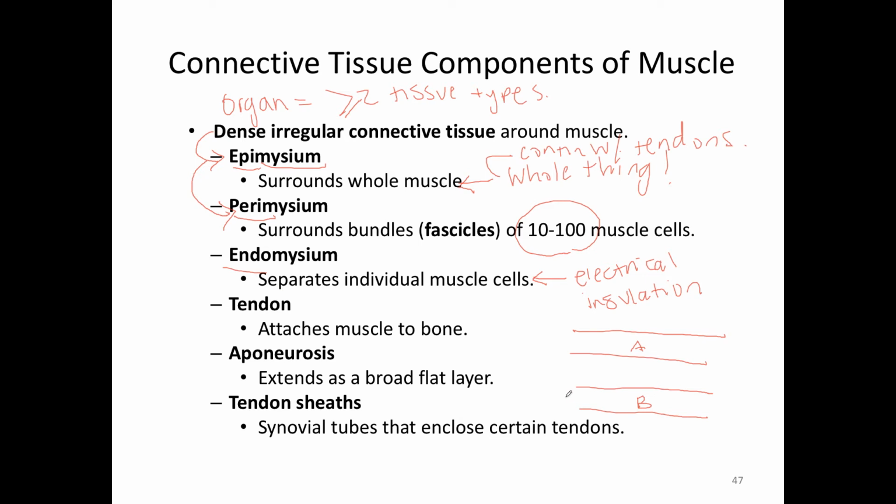So fiber B is going to depolarize because it's been excited. And when it depolarizes and then repolarizes, for a short time, suddenly there's going to be a lot of potassium in the extracellular fluid between muscles A and B. We know that lots of potassium in the extracellular fluid decreases the likelihood of a sarcolemma to be excitable, so it decreases excitability.